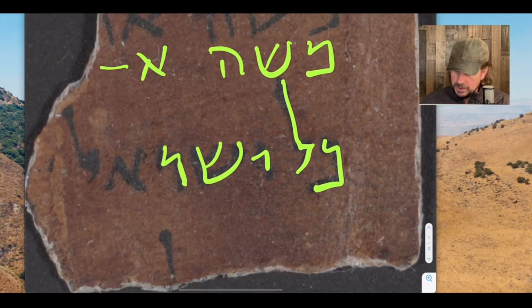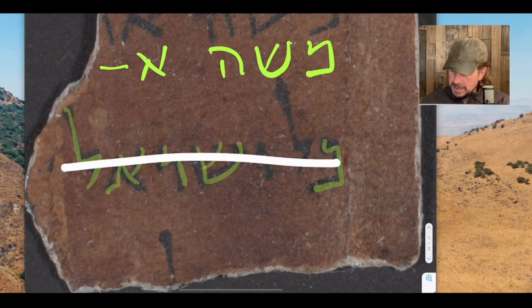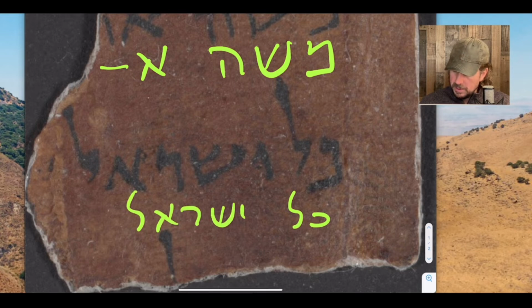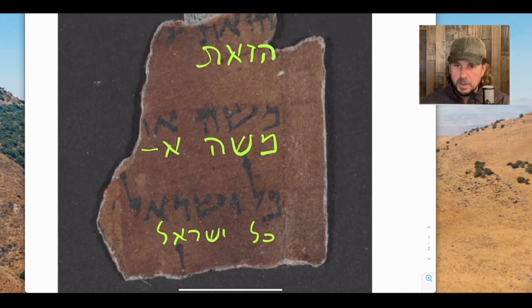Here's a Resh, Aleph, and a Lamed, Israel. Kol Yisrael. So let me erase that, and I'll put it underneath. Kol Yisrael. There we go. So if we zoom out, what do we have?